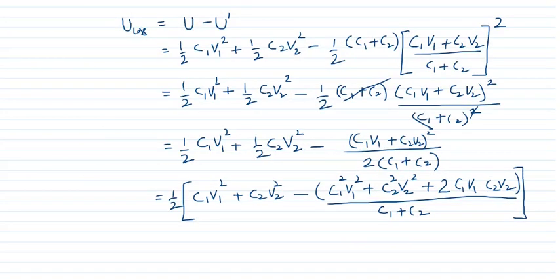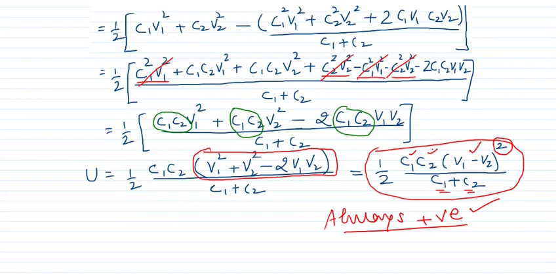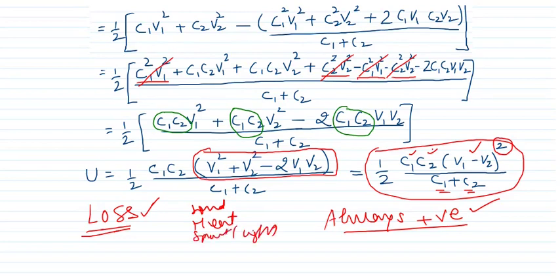Means what we have done, we have subtracted the energy after the combination from the energy before the combination. It means whenever we combine capacitors together, there will always be loss of energy, and that will be loss in the form of sound, in the form of heat, in the form of spark, means light. So whenever two capacitors are joined together, there will always be loss of energy.